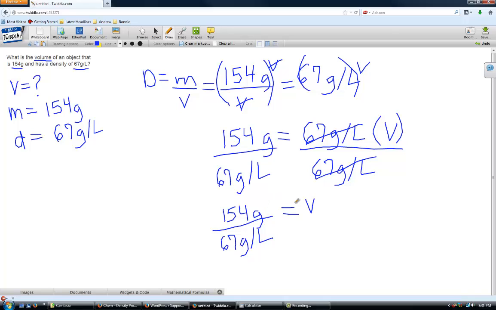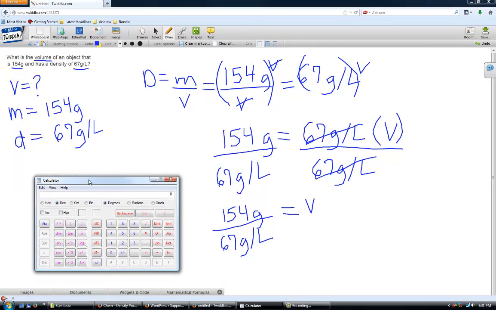Now that I have the volume alone on one side and in the numerator, I can whip out my calculator and I can divide 154 by 67. 154 divided by 67 equals 2.3 approximately.